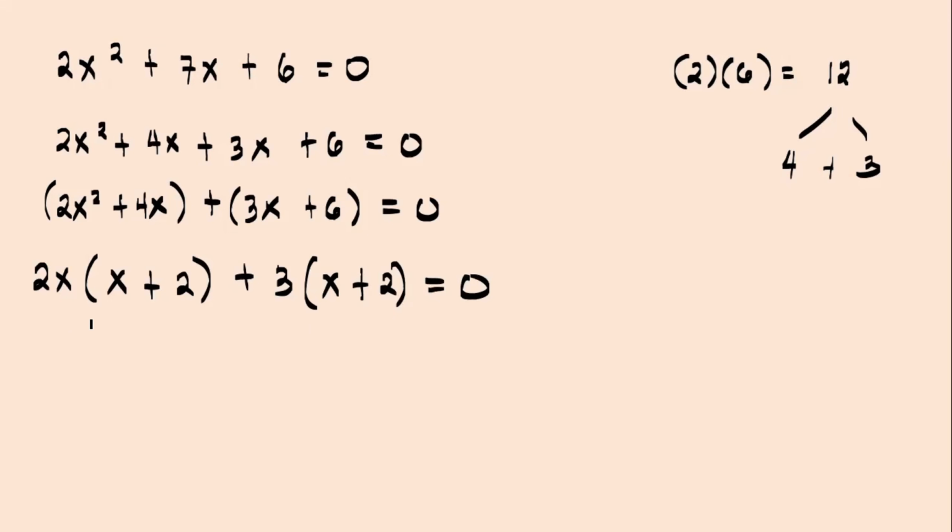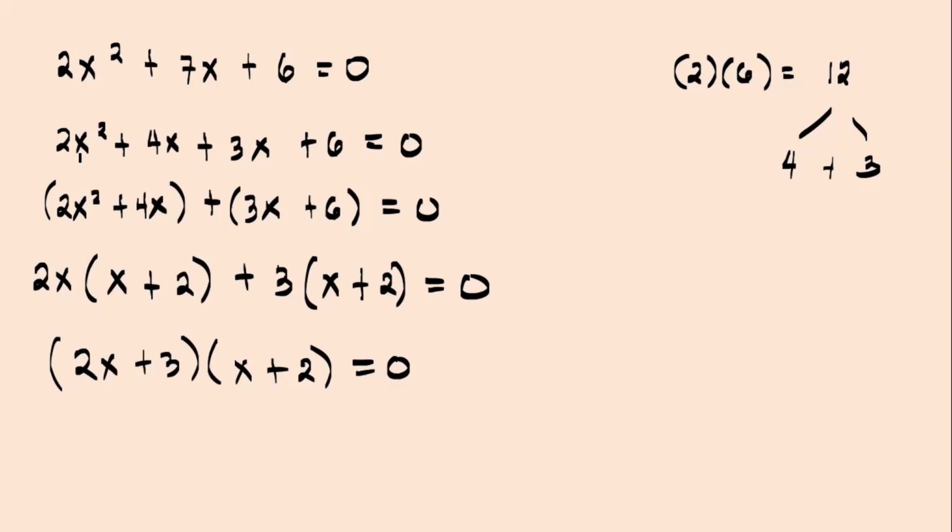Okay, so ngayon, kunin mo kung ano yung natira. Ano yung nasa labas? Sorry. So that is 2x and 2x plus 3. Then multiply by kung ano yung common sa kanila, which is x plus 2 is equal to 0.